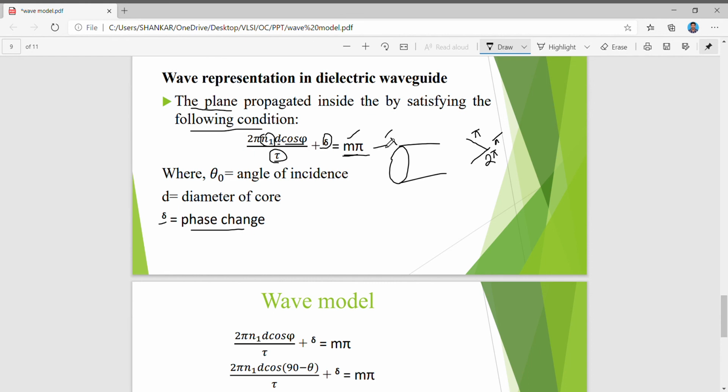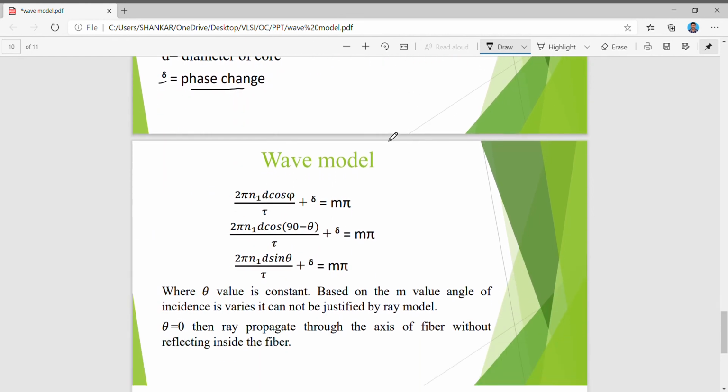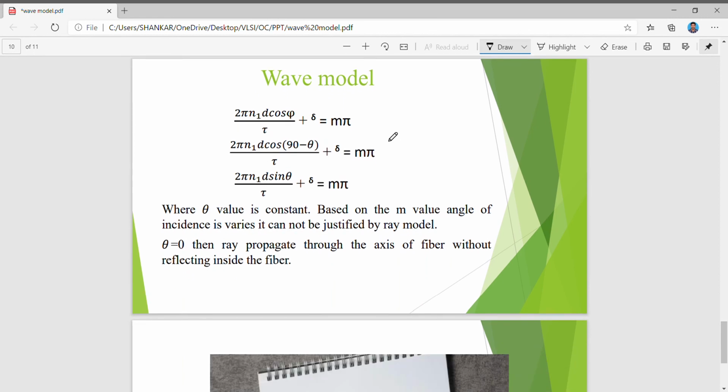Now equation 1 is solved by the phase angle of an incident signal. The angle phi we have already discussed, which is calculated from the right angle triangle: theta plus phi is equal to 90 degrees.